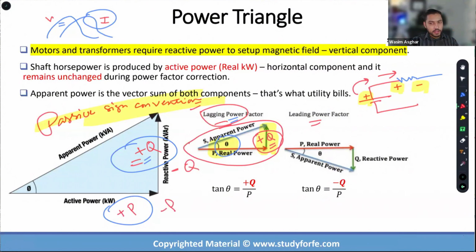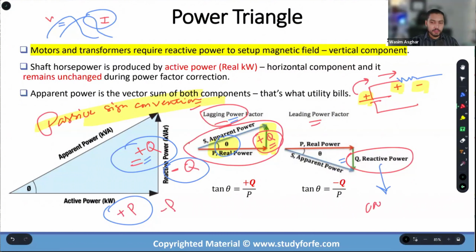Now, learning it by contrast is going to help you. Let us consider a case where we have a Q which is reactive, but it is a source. Since it is a source, the Q is pointing downwards, so negative Q. And a source of reactive power is a capacitor.